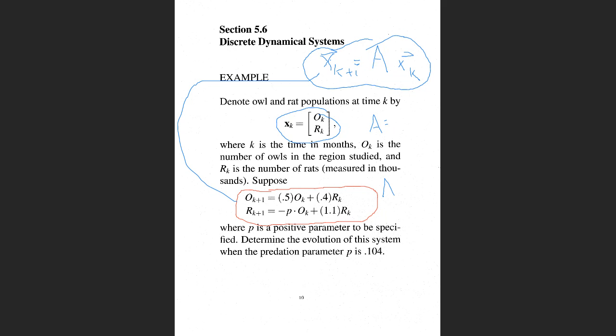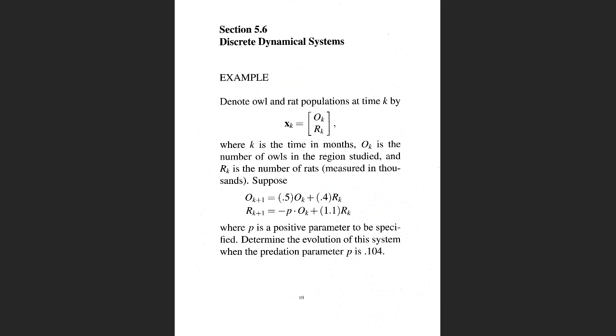I want to take this system of equations that models the relationship between owls and rats and write that as x sub k plus 1, which models the number of owls and rats in the k plus first month.